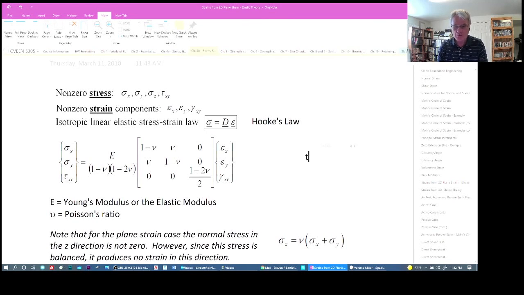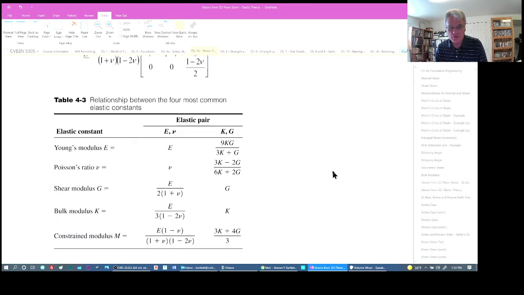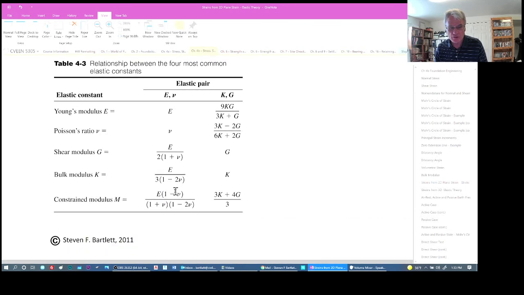So tau, which is the shear stress, is equal to some D matrix times the shear strains. So that would be Hooke's law written for shear. And this D matrix I will show you later on for shear, but it will use the shear modulus.